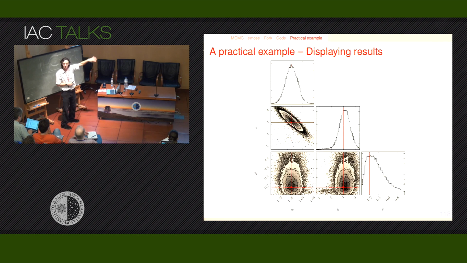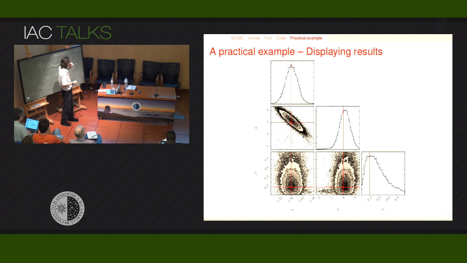So the ones on the diagonal are showing you the one-dimensional histograms. So the one-dimensional histogram for m: the slope is like 1.5 plus or minus 0.1-ish. The intercept is like 3, and delta squared is like 0.2 or something. And then the off-diagonal ones show you the covariance between those two things, where all of the samples are.